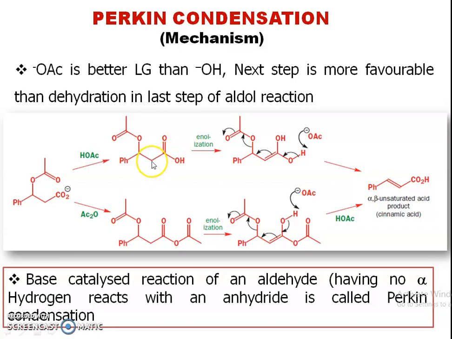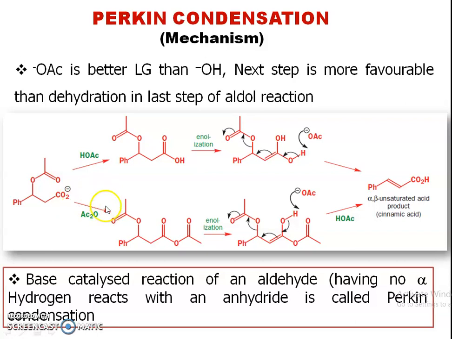In the presence of base, this proton is acidic and an anion will be formed. Then it enolizes like this. Then this enolate eliminates this acetate, deacetylates this compound like this, and forms the unsaturated acid.